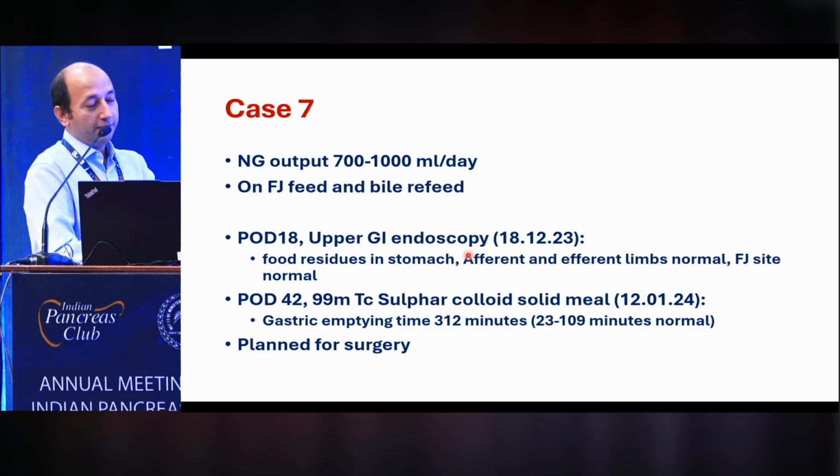We did this still almost 6 weeks post-op. The patient is having significant NG output. So we are doing intermittent clamping also, but he has discomfort and sometimes vomiting also. So we actually did the emptying, the colloid scan, and it's abnormal. So what next, sir?